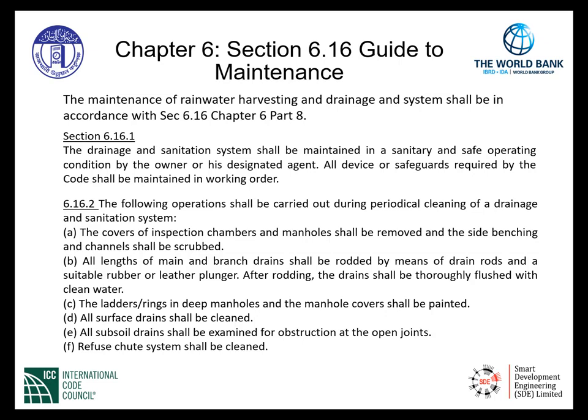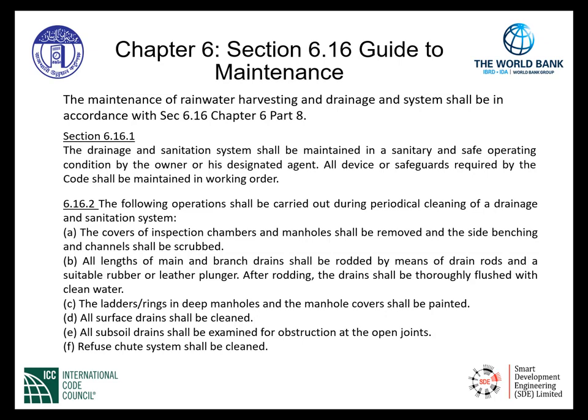A, the covers of inspection chambers and manholes shall be removed, and the side benching and channels shall be scrubbed. B, all lengths of main and branch drains shall be rodded by means of drain rods and a suitable rubber or leather plunger. After rodding, the drains shall be thoroughly flushed with clean water.